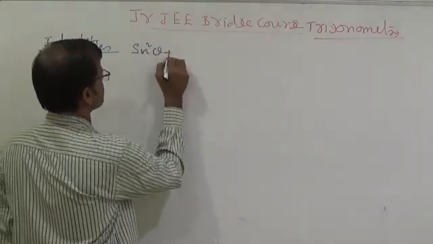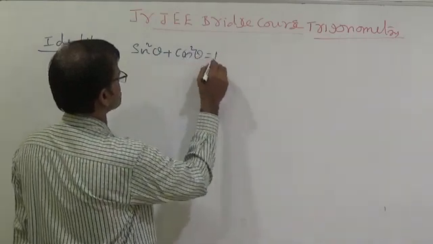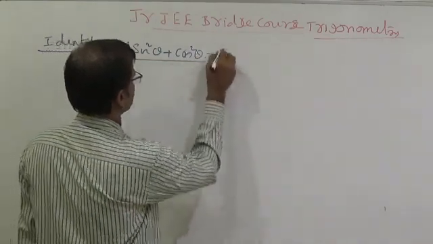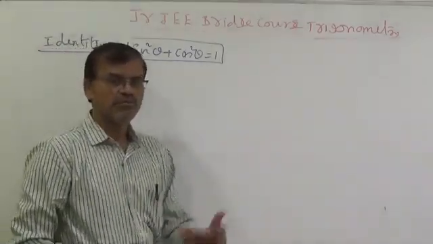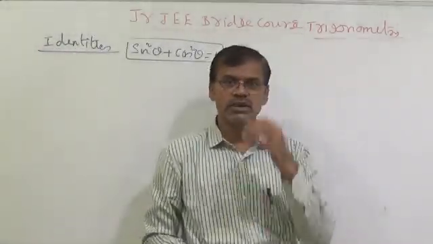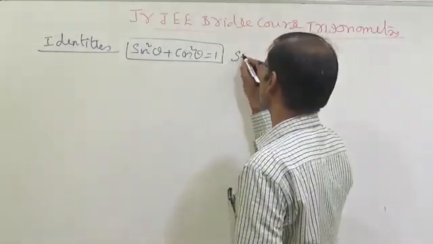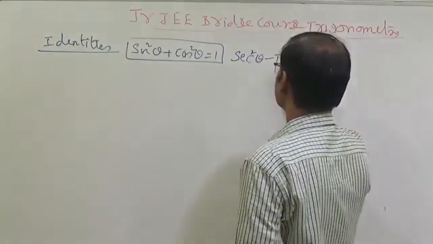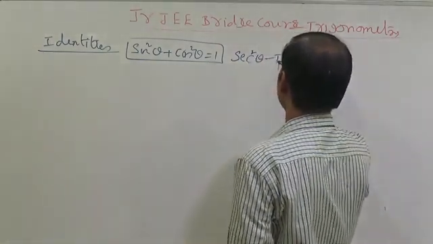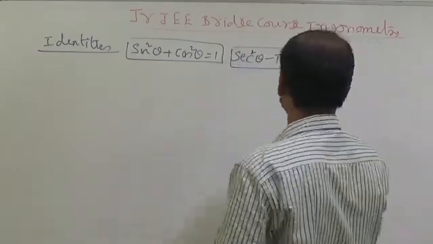So first, sin square theta plus cos square theta equal to 1, putting it in a box. It is the first identity. Next, before we got 1 plus tan square theta is equal to secant square theta. Depending upon that formula, you can write secant square theta minus tan square theta is equal to 1. This is the second identity.